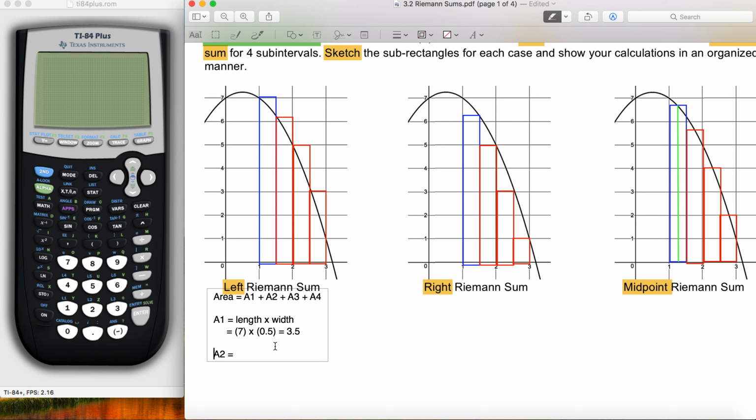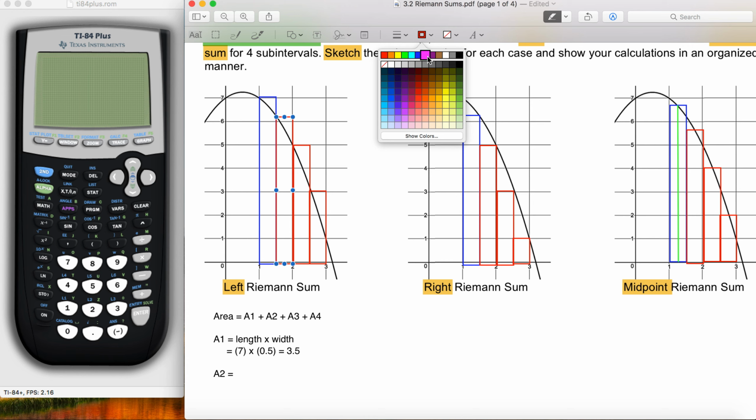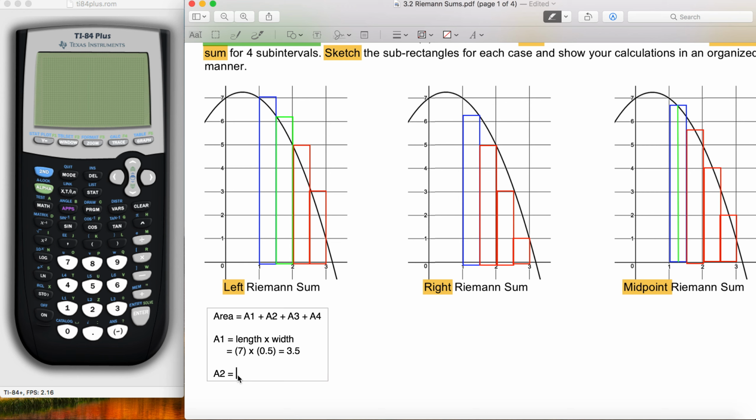But how do we figure out the next area? To find the second rectangle, I'll color it green. To find the area of the second rectangle, we know that width is 0.5. But we don't know what this length is, or I might even change this length to a height, because this rectangle is very vertical. Now, how do we find the height of this rectangle?